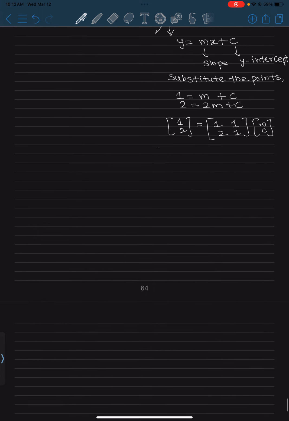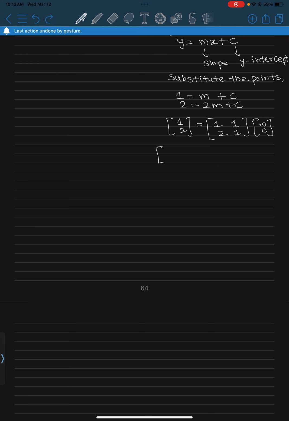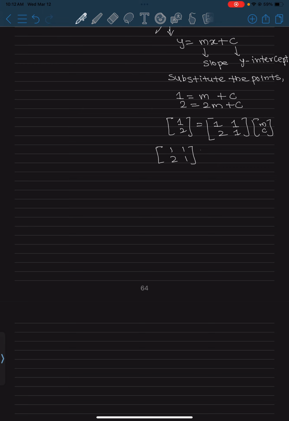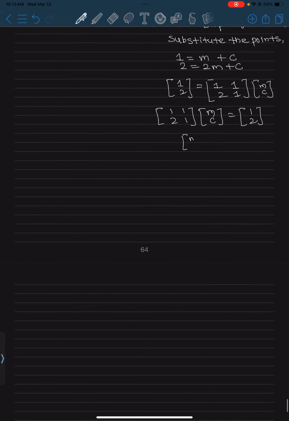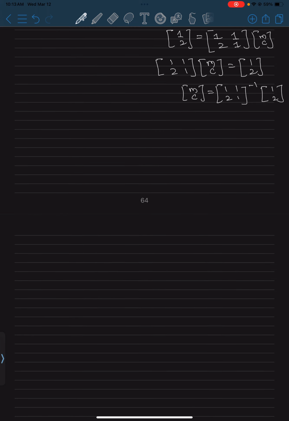So you can write it in this form: the matrix [[1, 1], [2, 1]] times [m, c] equals [1, 2]. And now [m, c] becomes the inverse of that matrix times [1, 2]. If the matrix is not linearly dependent, then we can just take the inverse. So this becomes 1 by (1 minus 2) times [[1, -1], [-2, 1]]. That's just the formula for inverse.